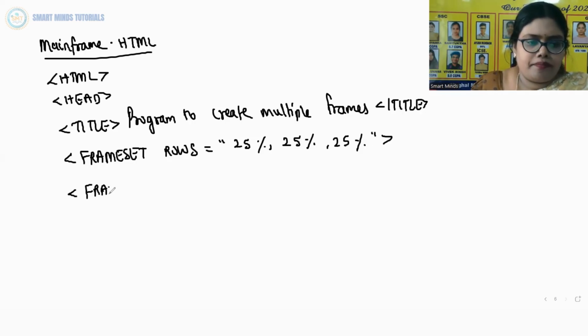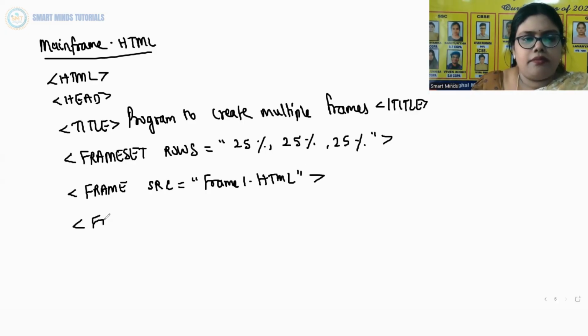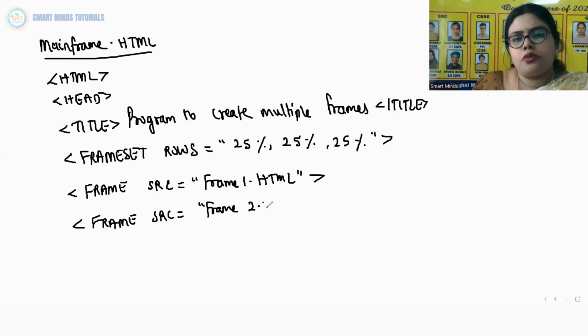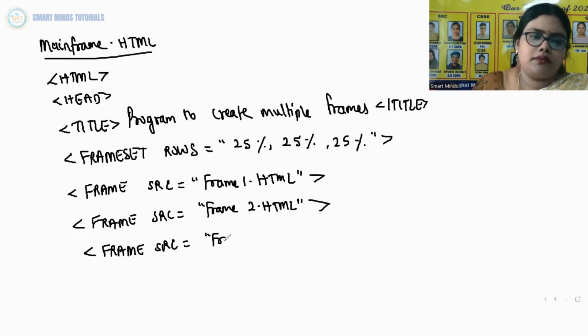Now frame src equals frame1.html, then frame src equals frame2.html, then frame src equals frame3.html.